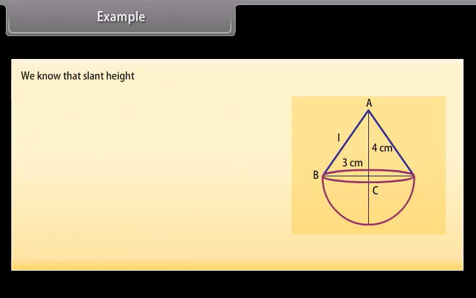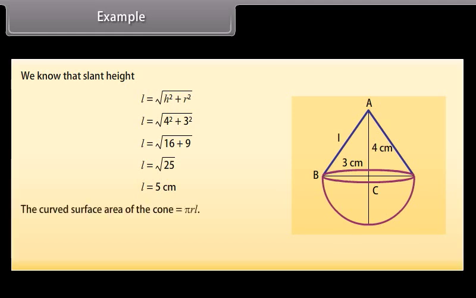We know that slant height l is equal to square root h square plus r square, which equals square root 4 square plus 3 square is equal to square root 16 plus 9 is equal to square root 25 equals 5 cm. Now substituting the values of pi, r and l, we get 3.14 into 3 into 5, which is equal to 47.1 centimeter square.